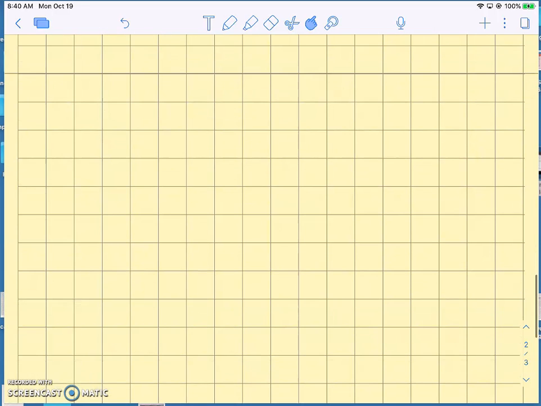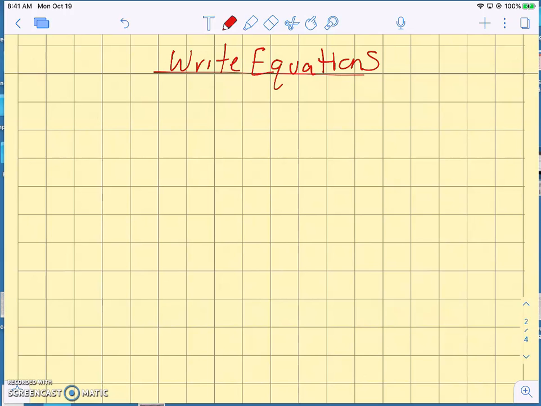So the last thing we're going to do today is we're going to learn how to write equations. So I'm going to draw a graph here.